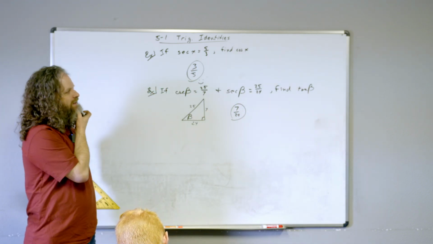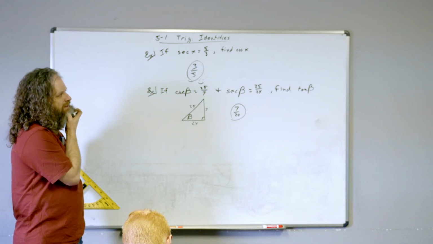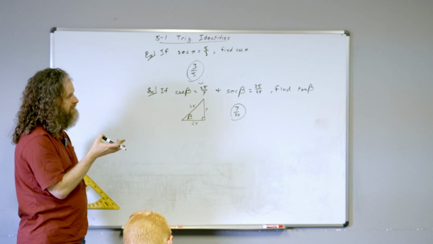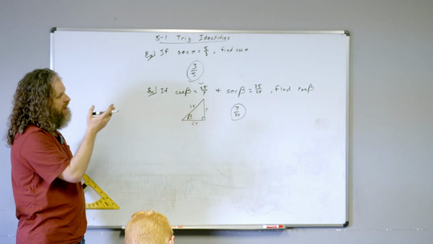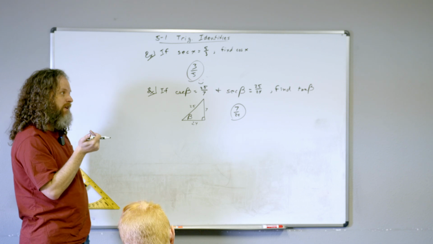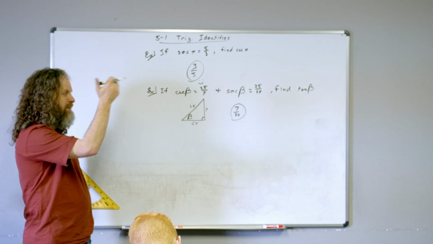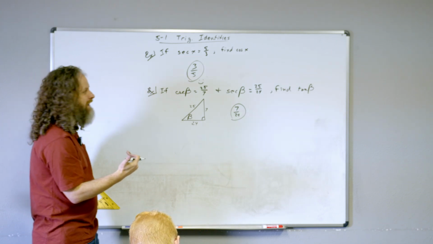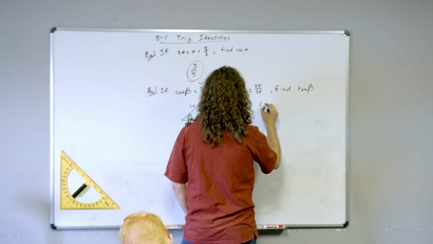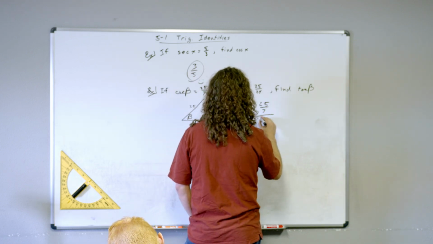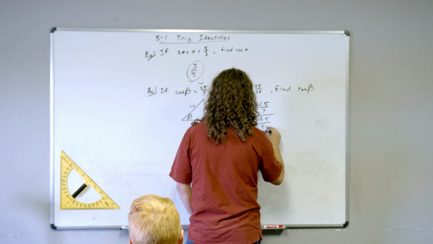Now, if you do it with identities, tangent is sine over cosine, which would also mean that it is cosecant over secant, right? So you can go 25/7 over 25/24.